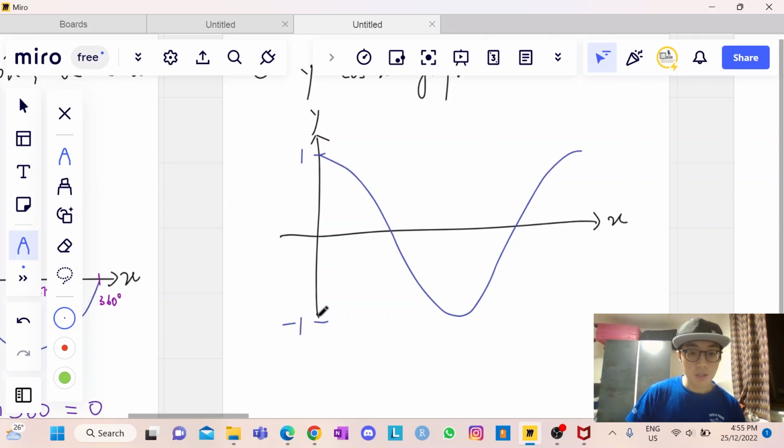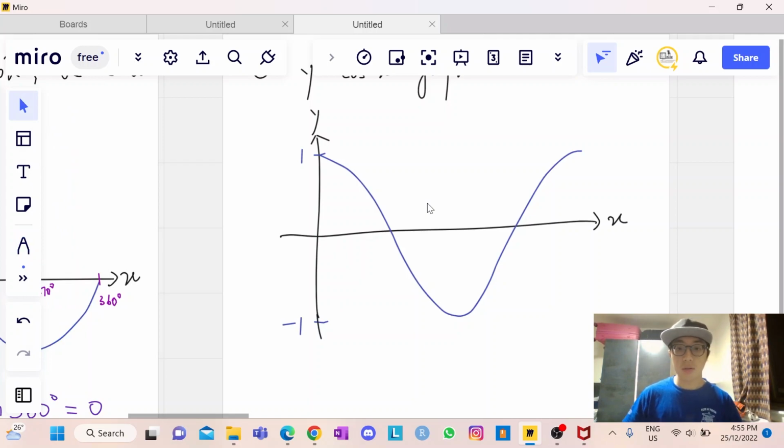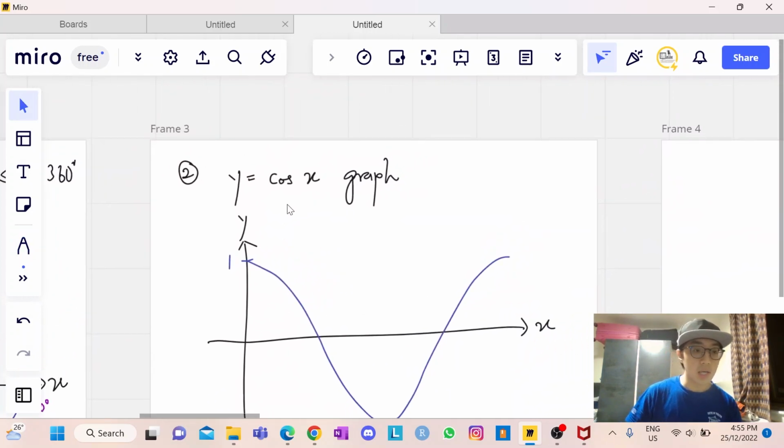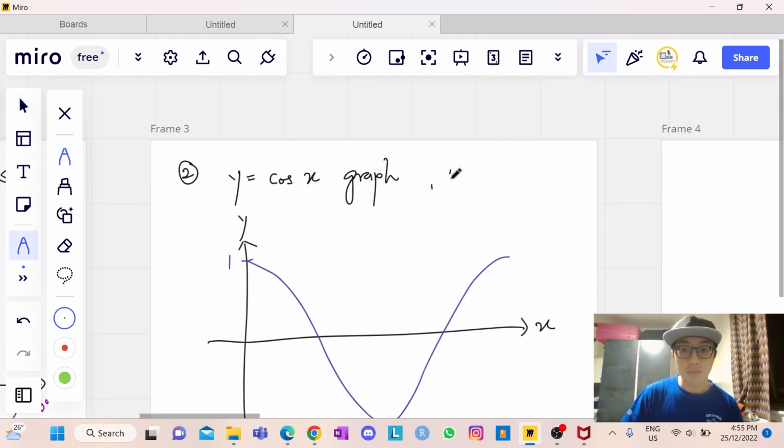Let me write it up here: y equals cos x graph, where x goes from 0 to 360 degrees. In maths, we usually just see from 0 up to 360 degrees.